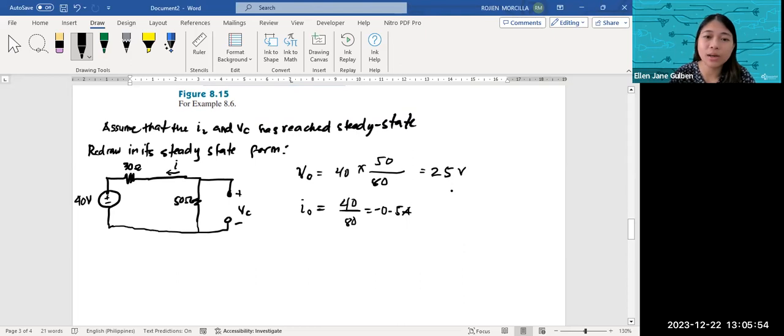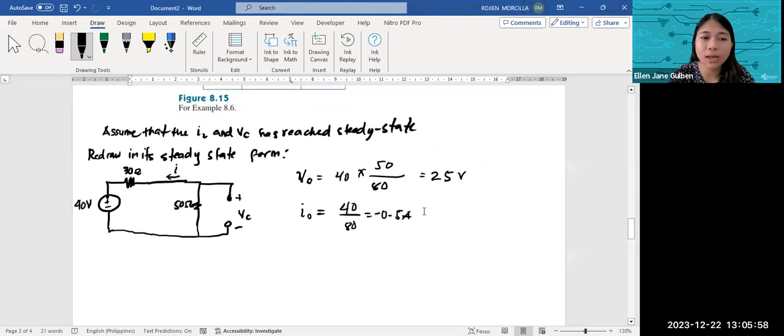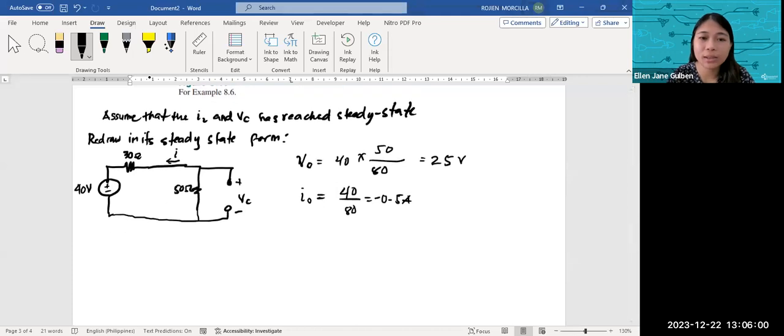So now this is VO and IO. Let's do the steady state for T less than 0.